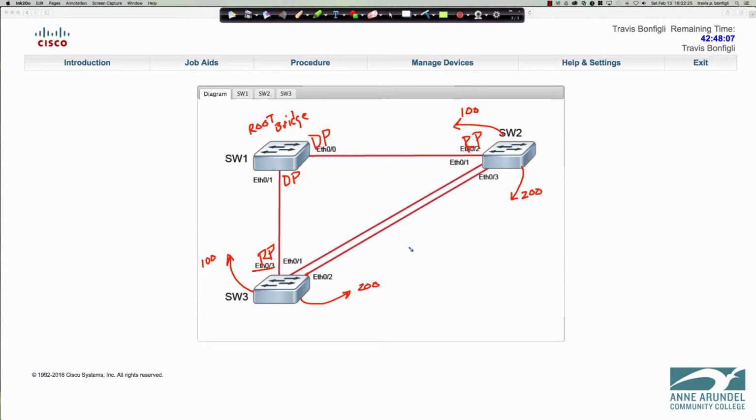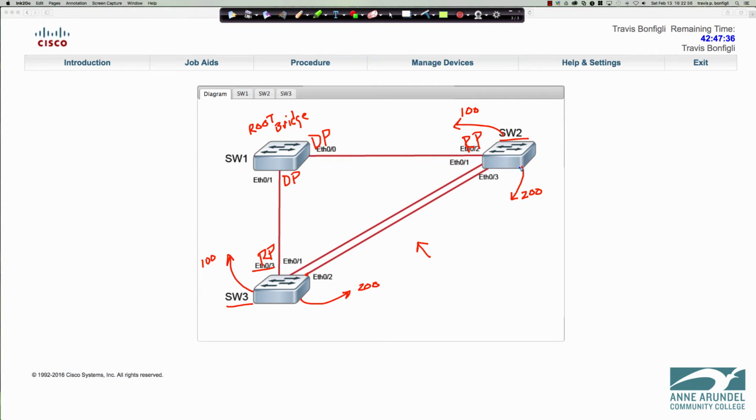Now, that brings us to this segment right here, and these two network segments. Each of these links, this is not an EtherChannel, is its own individual segment, so we're going to have to do the same thing for both. This is where we ask, what's the lowest root path cost? That is the first tiebreaker between switch 3 and switch 2.